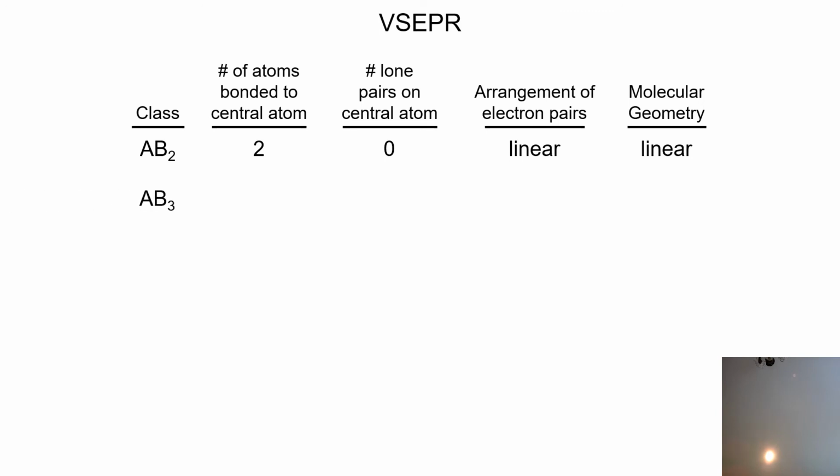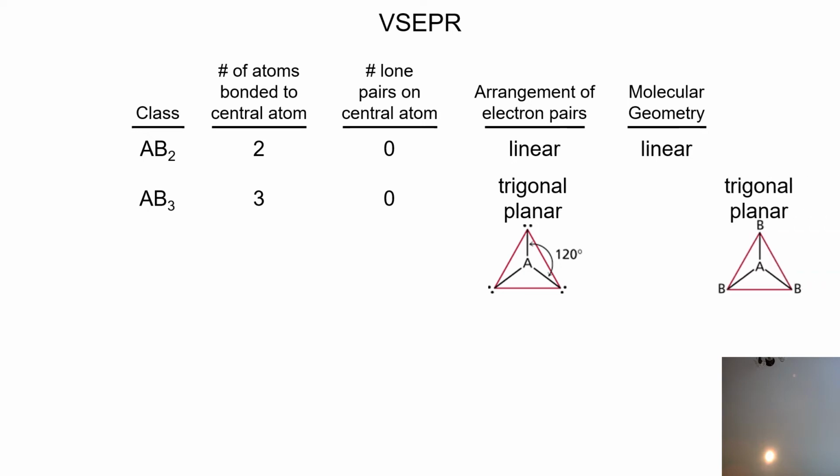The next class that we're going to look at is AB3, where we have 3 atoms bonded to that central atom, still zero lone pairs. And this arrangement of the electron pairs around the central atom is trigonal planar. So this adopts a bond angle of 120 degrees.